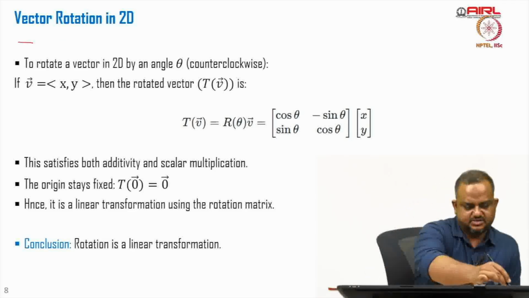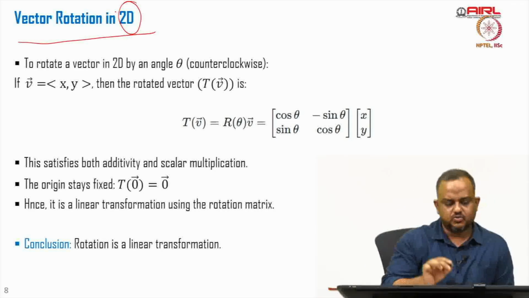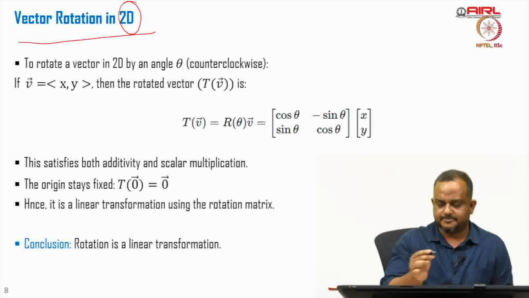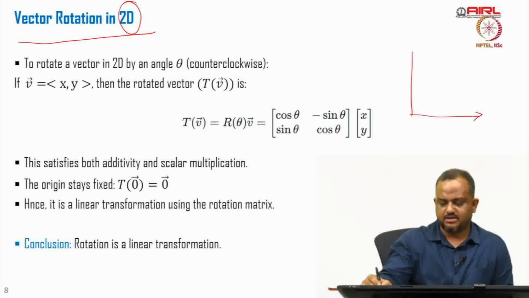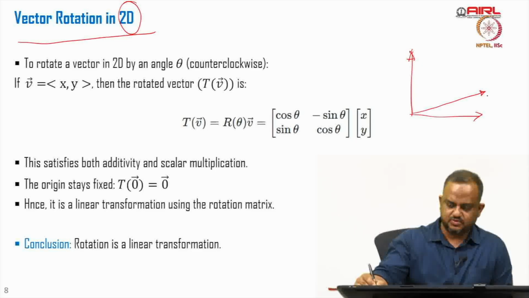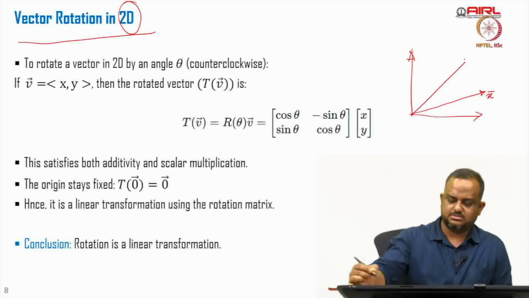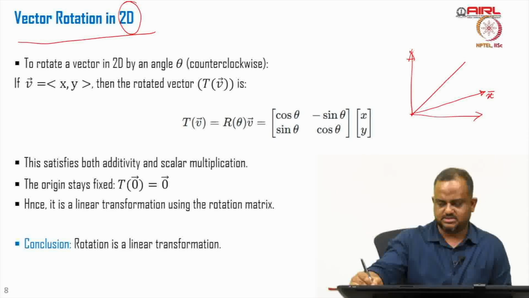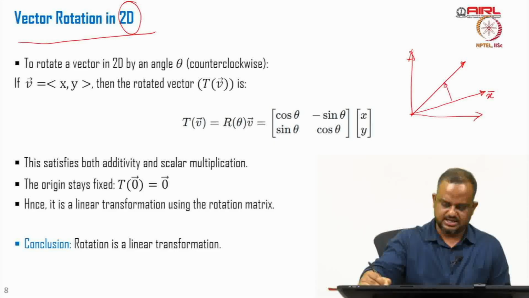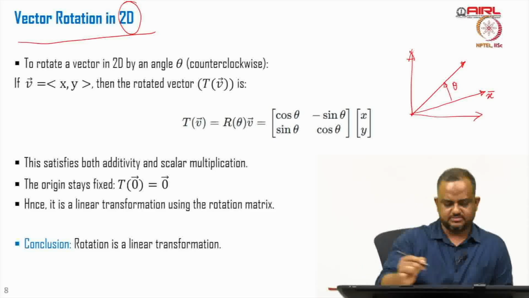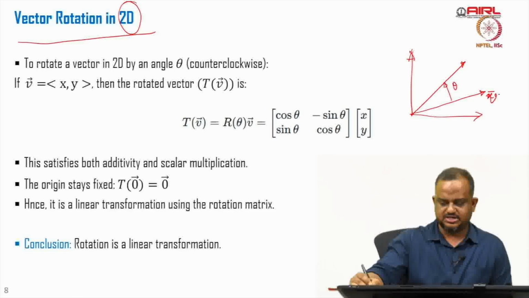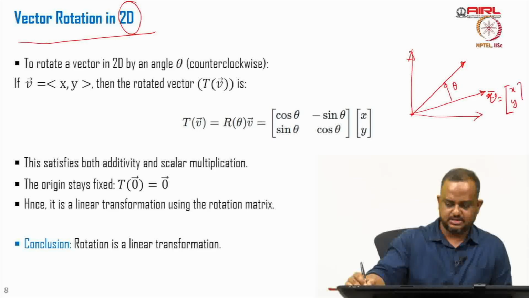So when it's a vector rotation in a 2D frame, to rotate a vector in 2D by an angle theta in a counterclockwise direction, the vector was initially here, not x hat, it is the vector x. When we want to rotate the vector by an angle theta, let's put it as v, which has coordinates x and y.